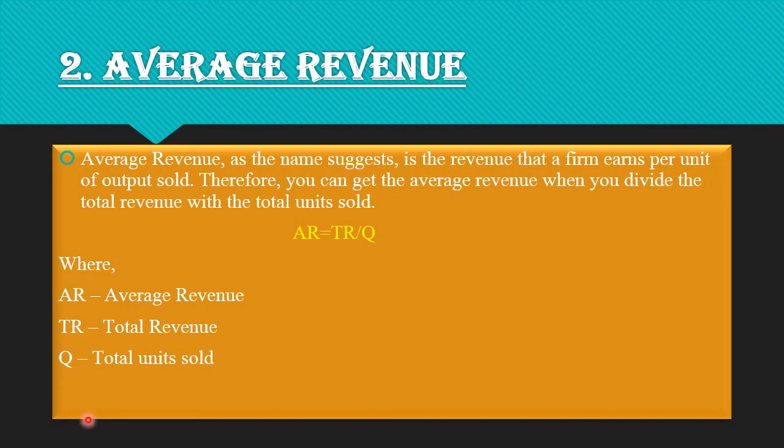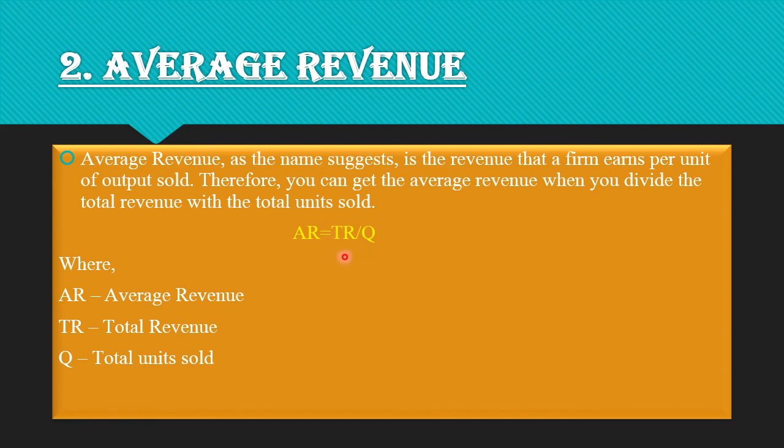So the next term is average revenue. Average means per head revenue. As the name suggests, it is the revenue that a firm earns per unit of output sold. Per unit of output sold, how much benefit it gives the seller is known as average revenue. Therefore, you get the average revenue when you divide the total revenue by total units sold.